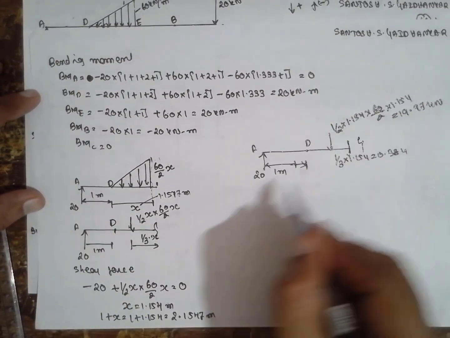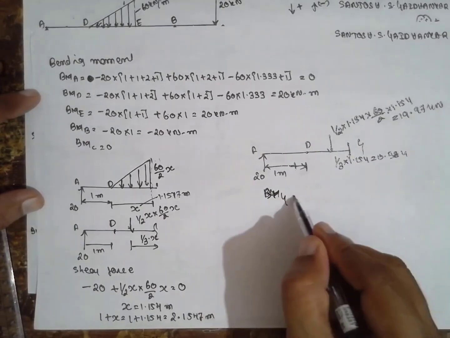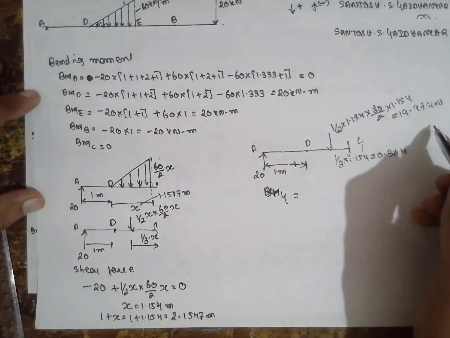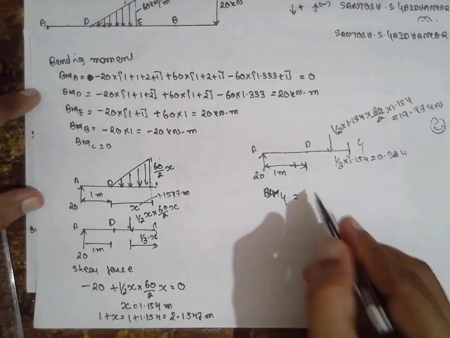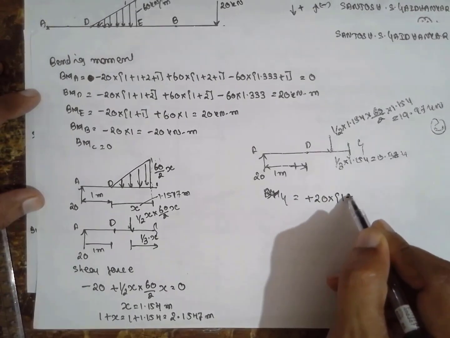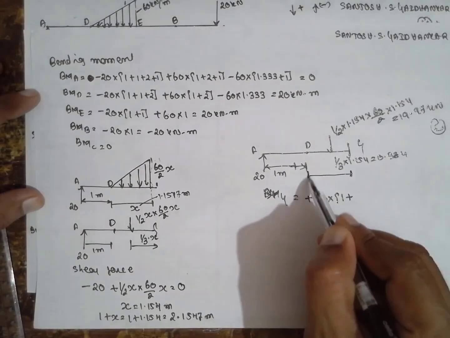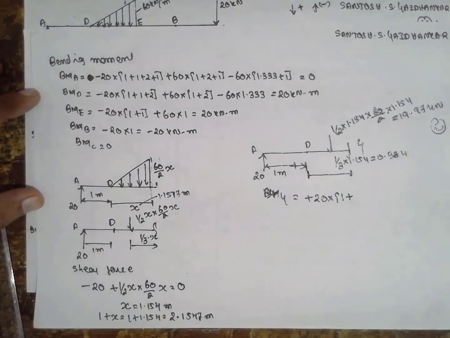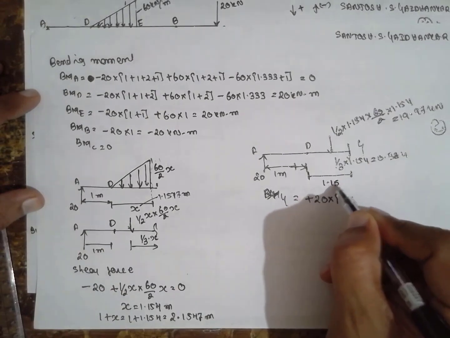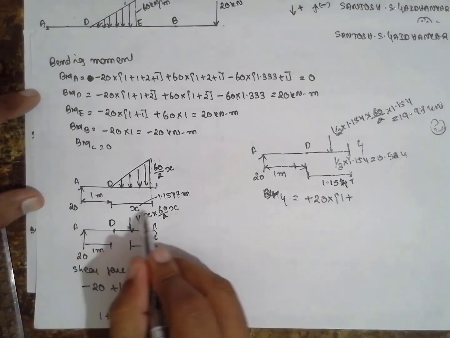I will consider it as G here. Bending moment at G. If I am holding here, it moves here. That means a smiling face, plus 20 into distance 1 plus the total length, 1.1547. This is the x value.